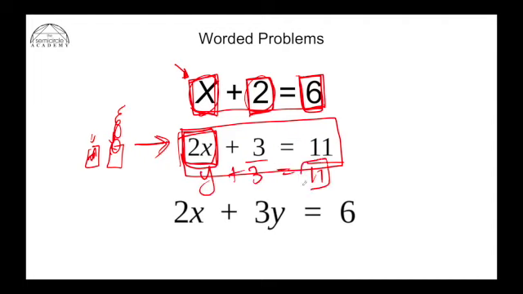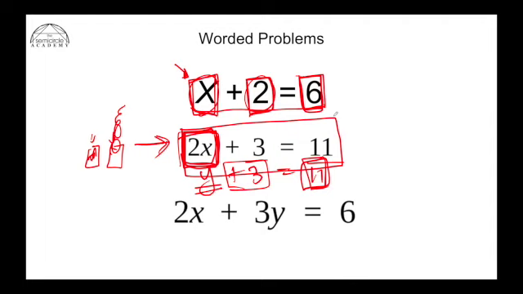So you have 11 dogs, give 3 away, and how many dogs you remain with. In this case it would have been 2x. Therefore you're not finding x, you're finding 2x. You understand what I'm saying? So be careful with that. Anybody else?